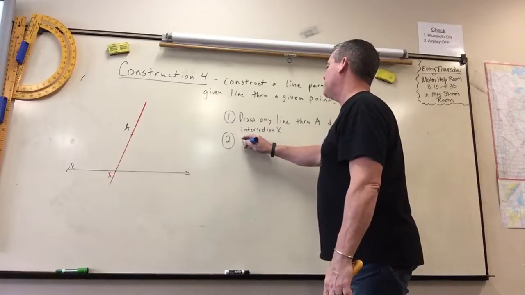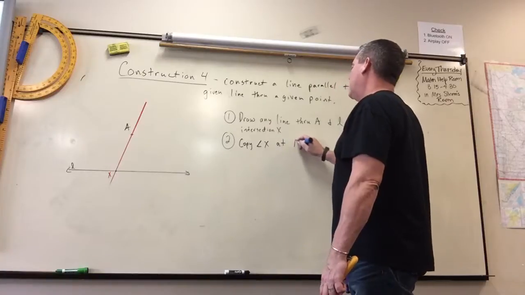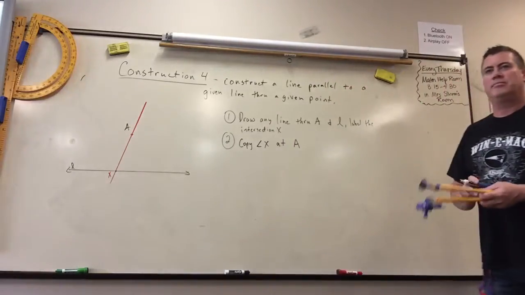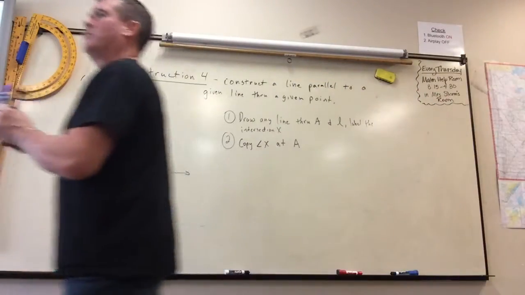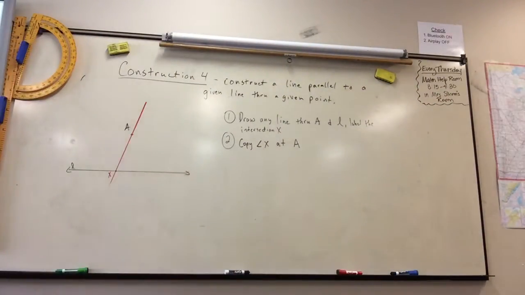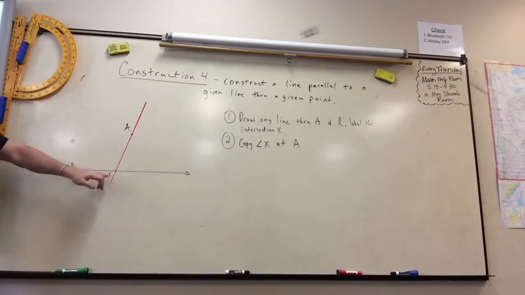The second thing is copy angle X at A. So we formed an angle here when we drew the line through it. So we're going to copy this angle up here at A.